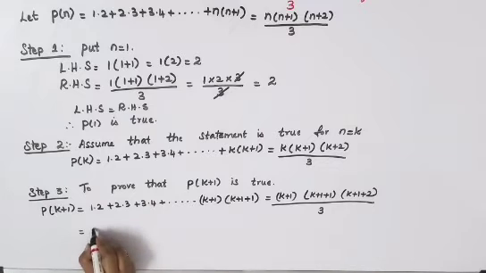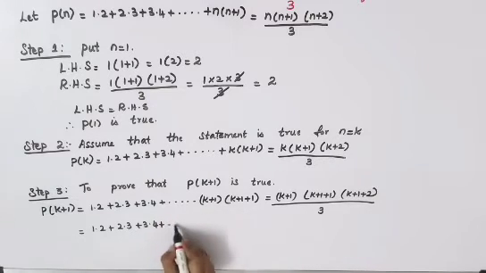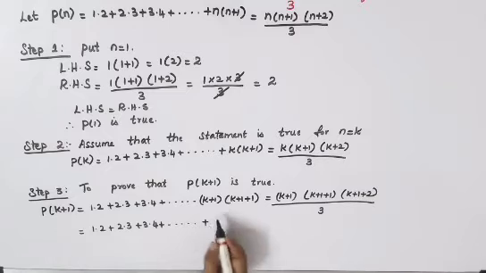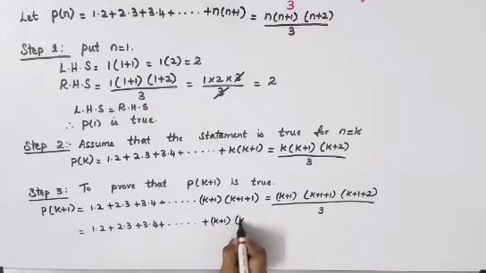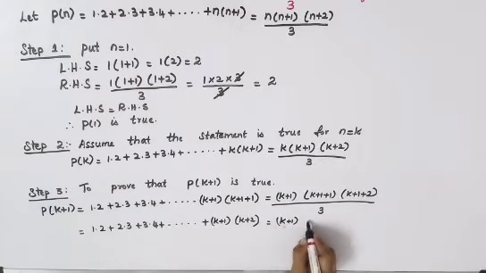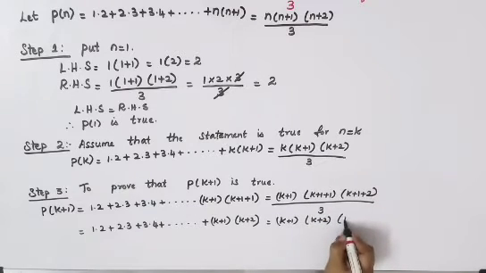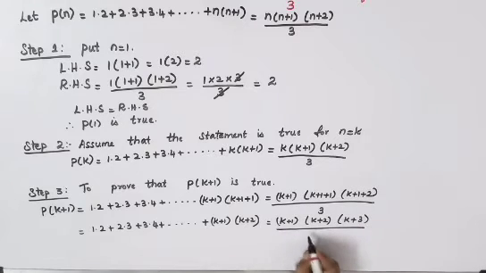So that is equal to 1 into 2 plus 2 into 3 plus 3 into 4 plus etc. plus here k plus 1 into k plus 2. 1 plus 1 will become 2, that is equal to here k plus 1 into k plus 2. 1 plus 1 here 2, again k plus 1 plus 2 is 3 divided by 3.